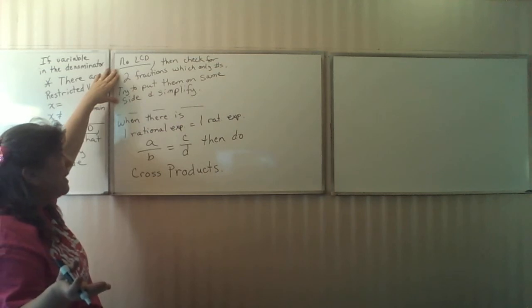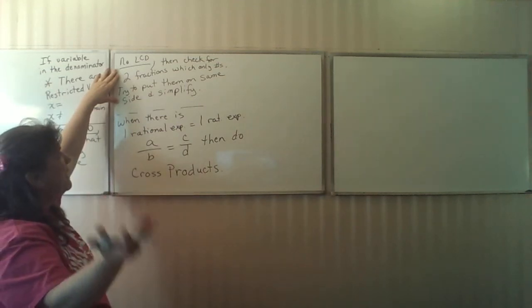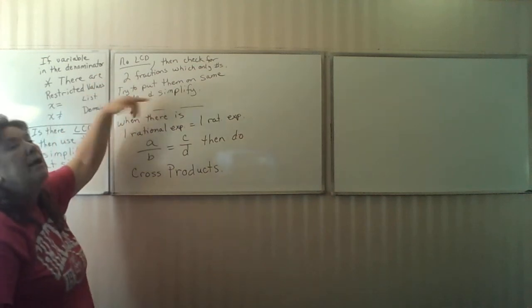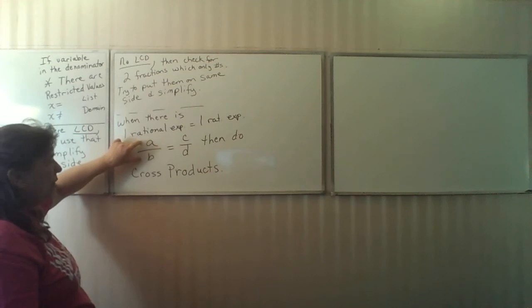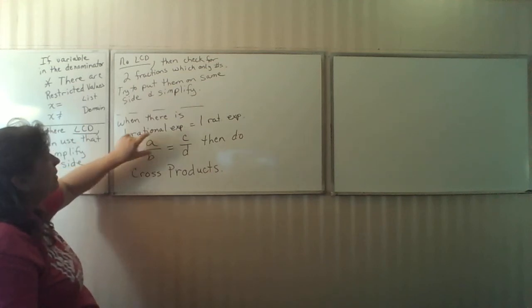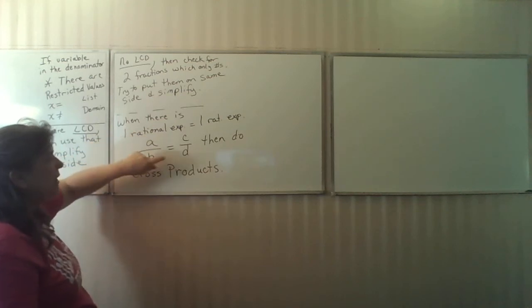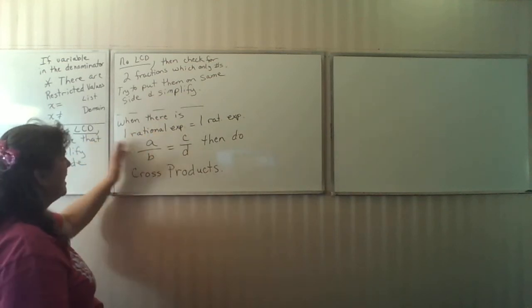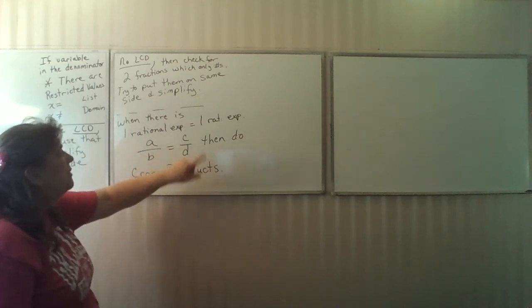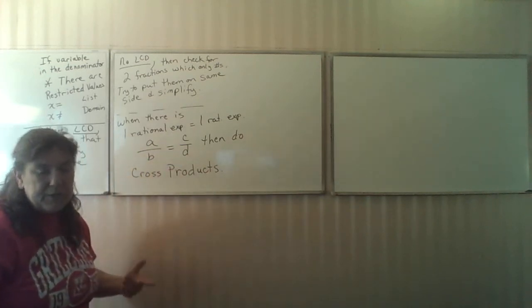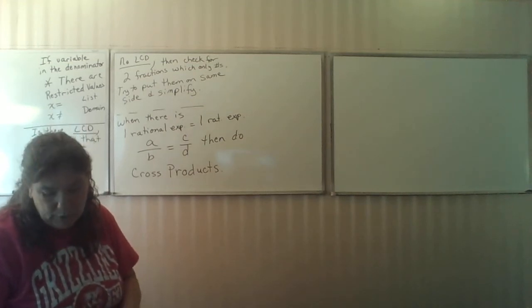If that is the case, you will then do what you have to do to move it so they're on the same side and simplify. Then use cross products. When you have one rational expression on one side, one rational expression on the other side of the form A over B equal to C over D, in other words, I can't add something to it or subtract something from it, then do your cross products. So this is a very brief recap of what we did more extensively.